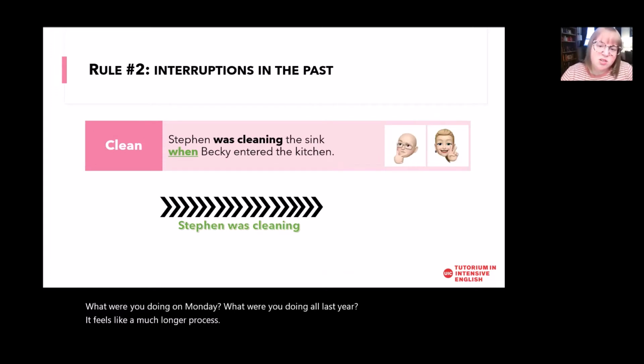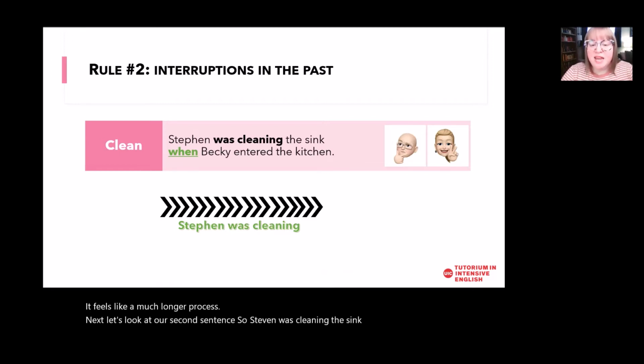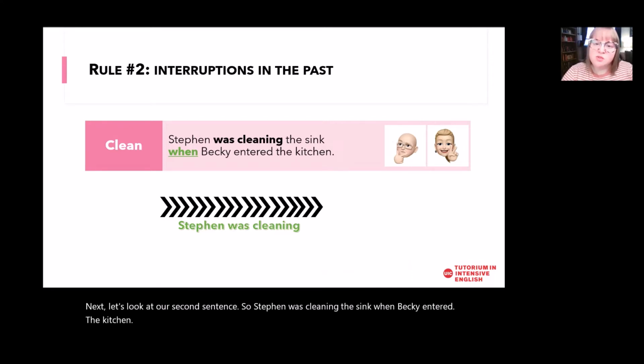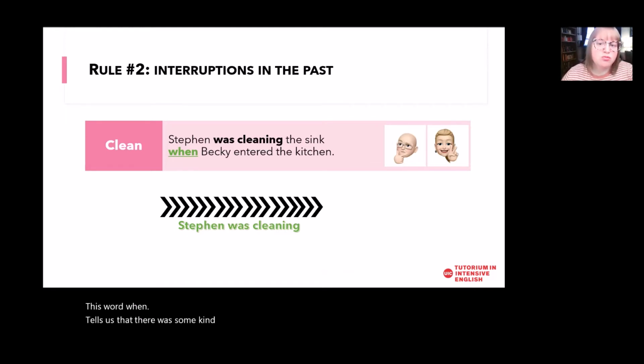Next, let's look at our second sentence. So Stephen was cleaning the sink when Becky entered the kitchen. This word when tells us that there was some kind of interruption in the past. Notice we have the longer process, was cleaning, in past continuous.